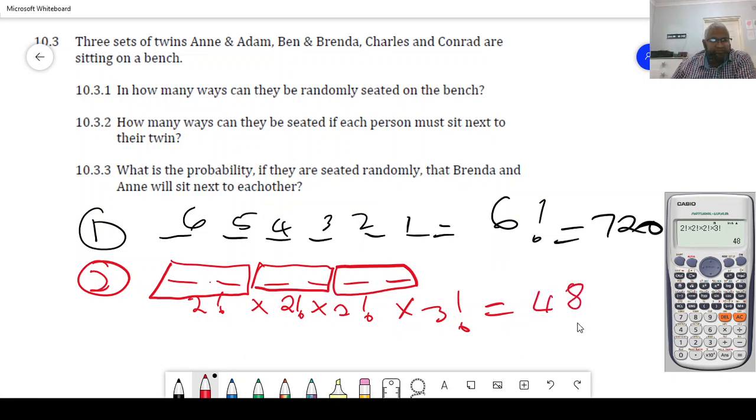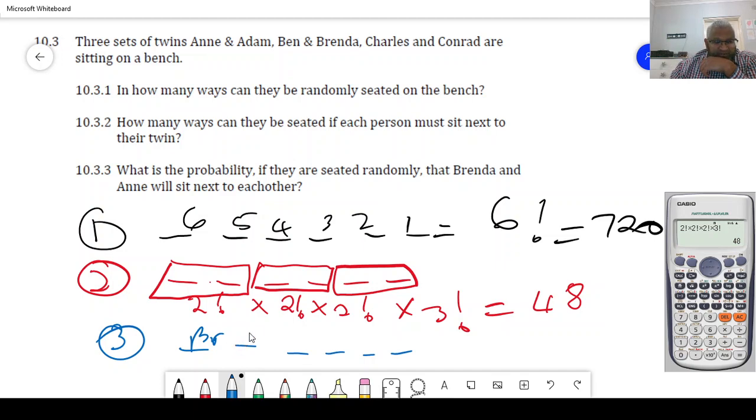In question 3, we change the color again. We are told, what's the probability, if they are seated randomly, that Brenda and Anne will sit next to each other. So we have 1, 2, 3, 4, 5, 6.